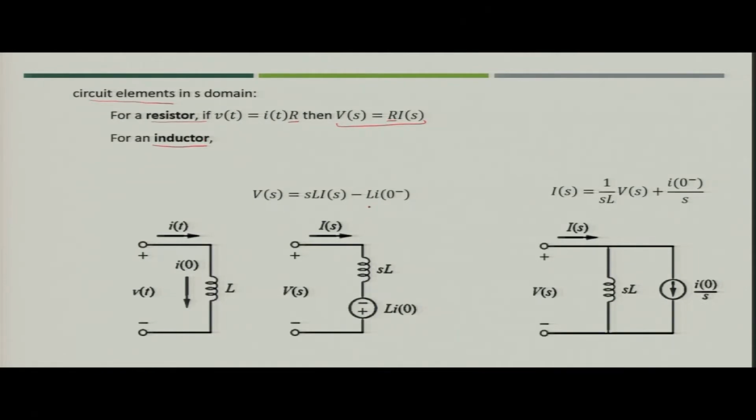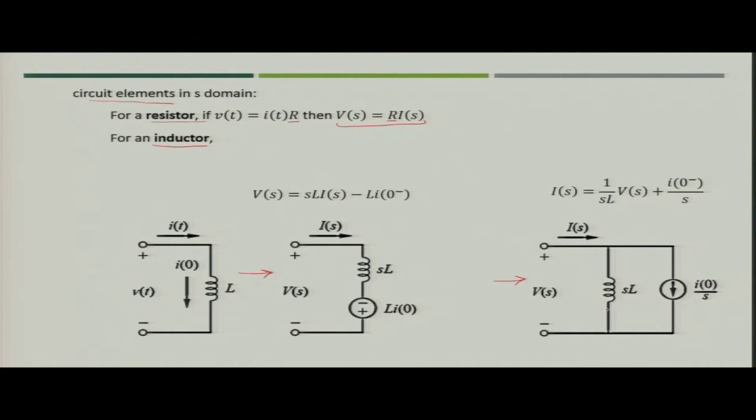We will have some initial conditions, like in case of an inductor we may have initial current I naught. We discussed that we can transform the time domain circuit for the inductor into S domain. This was for voltage, which would be applied in case of Kirchhoff voltage law. Similarly, for current you will have the circuit as shown in the figure.